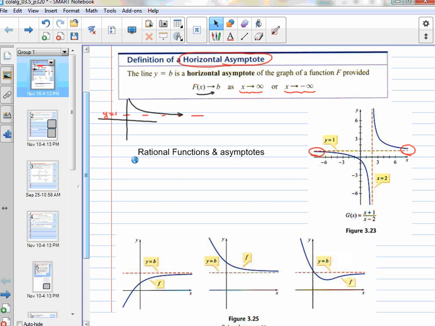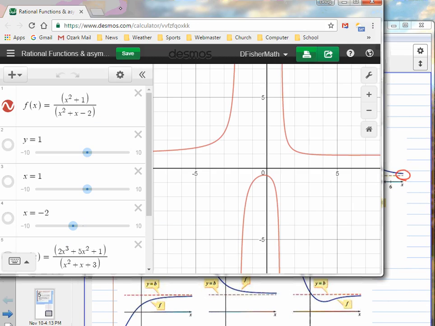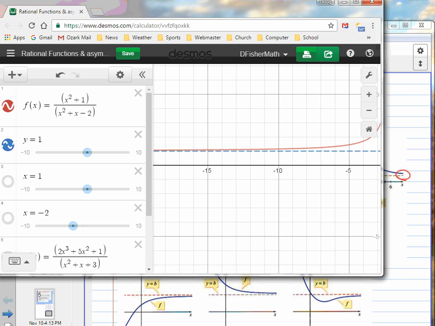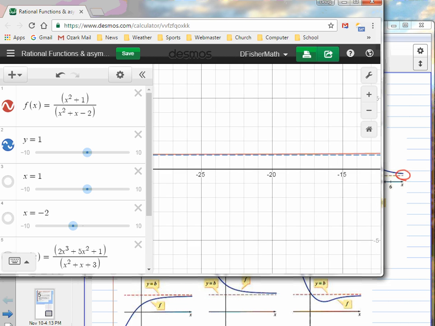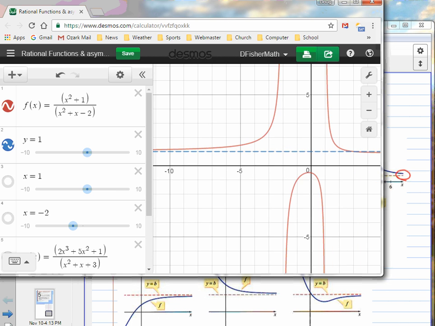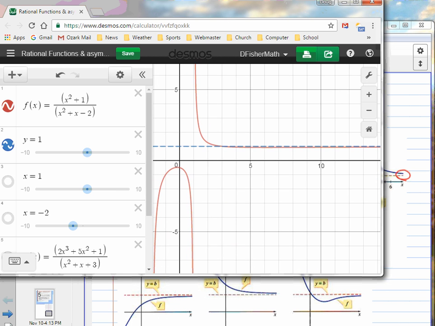Let me bring back up this graph over here. It happens to be this rational function, x squared plus 1 over x squared plus x minus 2. Now, if I put in the horizontal asymptote on this one, notice over here going to the left, I'm getting closer and closer. We never actually hit that. But as my x values go to the right, you notice how it actually crosses that.